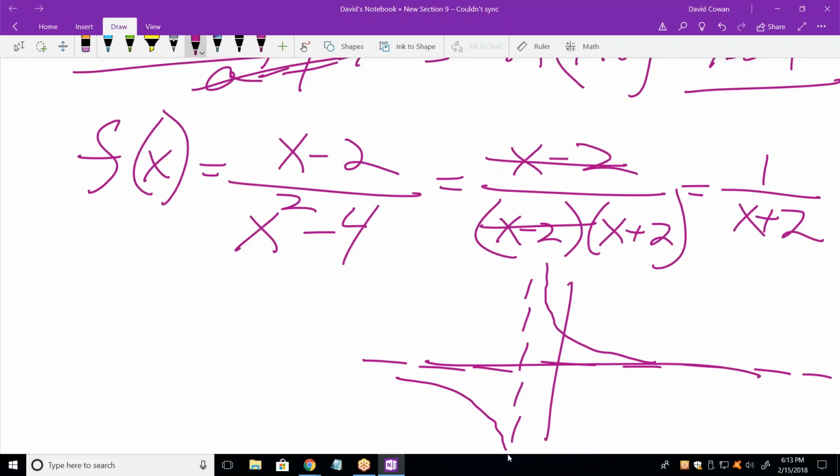But there's one additional discontinuity. Where does it happen? It's the hole at x equals 2. So, in terms of discontinuities, we have an infinite discontinuity at minus 2, and we have a removable discontinuity at plus 2.